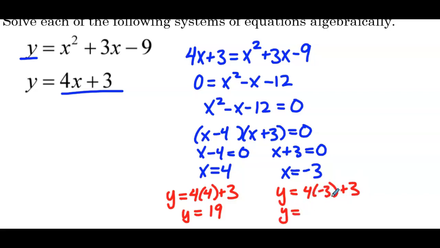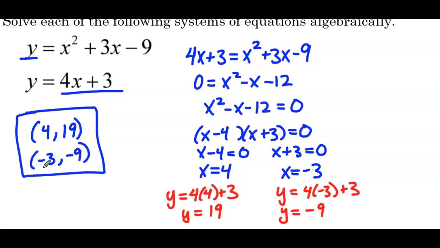So y equals negative 12 plus 3, so that's negative 9. So our 2 points of intersection are (4, 19) and (negative 3, negative 9). So there we have our first system of linear and quadratic functions solved algebraically.